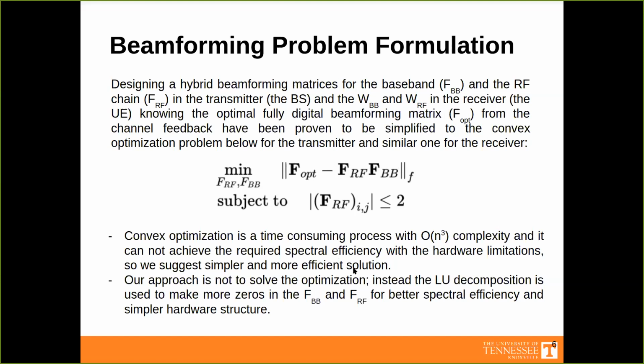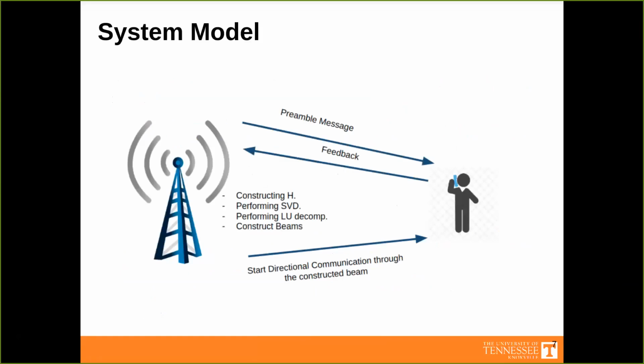By doing so, we reduced the complexity from big O of n cubed to big O of 2/3 n cubed, and we got a faster system and less hardware complexity or structure. At the same time, we are achieving almost the same spectral efficiency as the fully digital beamforming. This system was suggested and published in VTC 2019 last year.